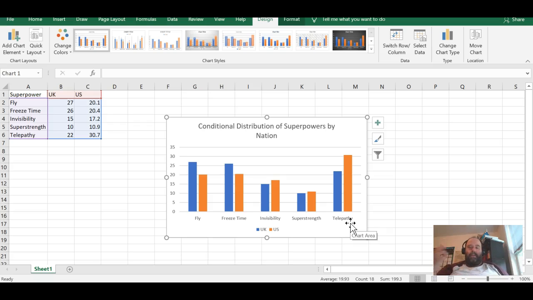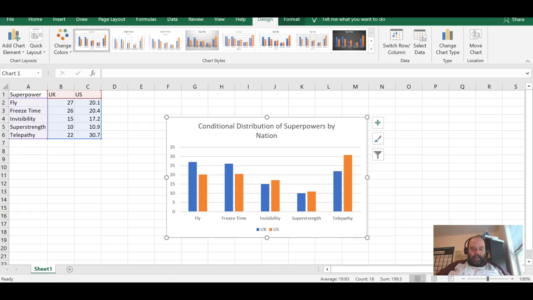So there's definitely a sense here where Americans are more likely to pick telepathy and folks in the United Kingdom are more likely to pick flying and freezing. So this is an example in part C that exhibits association.